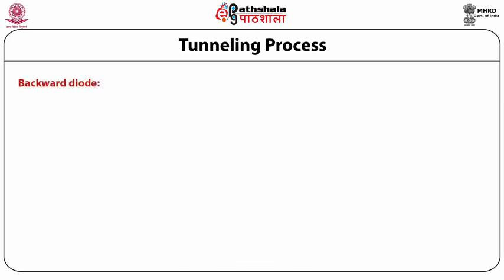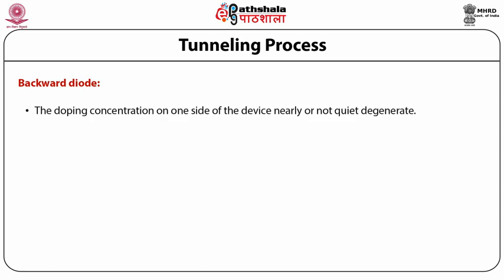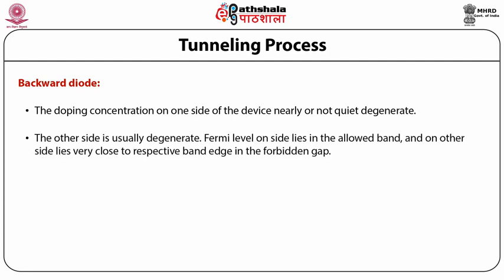Backward diode. The doping concentration on one side of the device is nearly or not quite degenerate. The other side is usually degenerate. So the Fermi level on one side lies in the allowed band and on the other side lies very close to the respective band edge in the forbidden band.